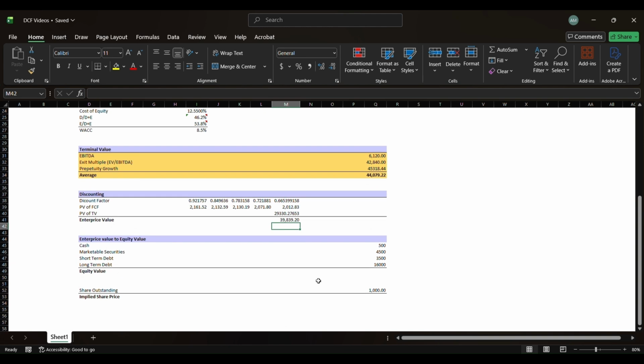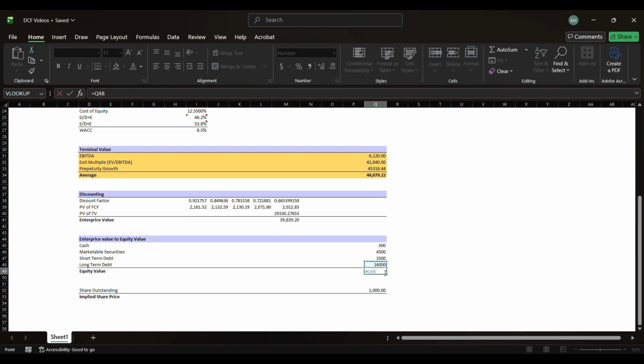To arrive at equity value, we adjust the enterprise value: add cash 500, add marketable securities which is 4,500, subtract short-term debt and subtract long-term debt.